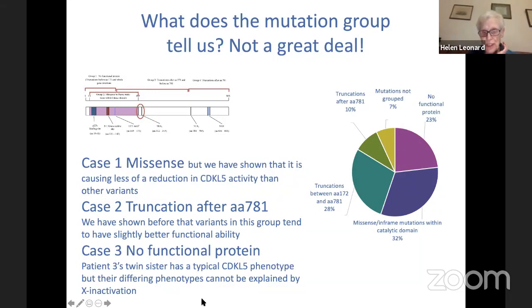Now, the interesting thing is that her twin sister has typical characteristics of CDKL5. They've had X inactivation studied, and the differing phenotypes cannot be explained by X inactivation. So cases like these are likely to help us in the long term, but I'm not quite sure what the answer is at the moment.